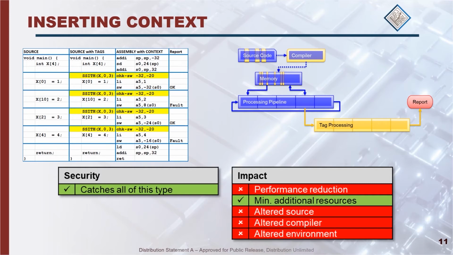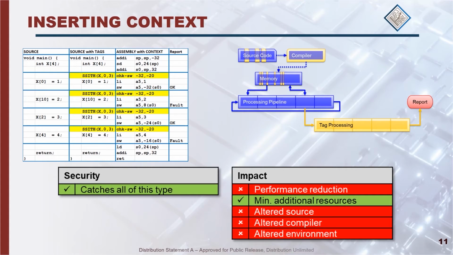Then back to the negatives. We have altered the source code, we have altered the compiler, and we have changed the environment. The programmer now has to be trained to know to insert these metadata tags so that the tag processor can check it. If you didn't trust your programmer to write it correctly the first time, are you really going to trust the programmer to get the metadata tags correct as well?